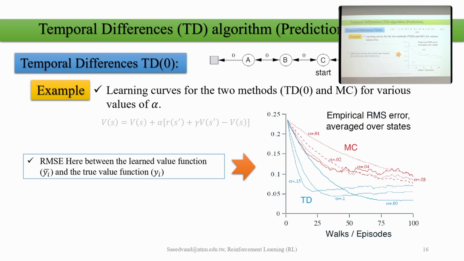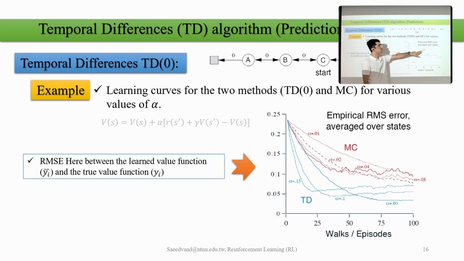So after knowing the RMSE, now we can use the same random walk problem and compare the temporal differences with Monte Carlo approaches using RMSE. Here you can see different numbers of walks or episodes, and here, as I remember, the RMSE error, exactly.